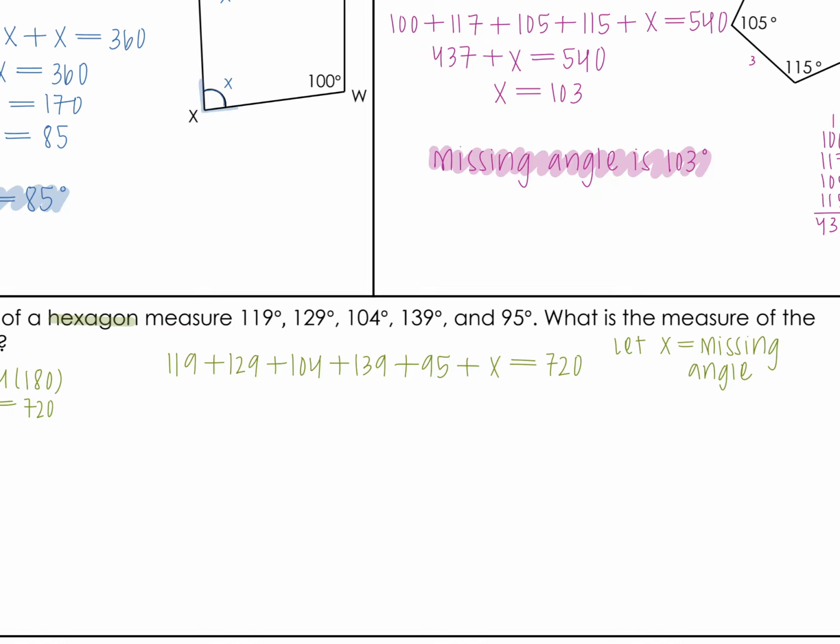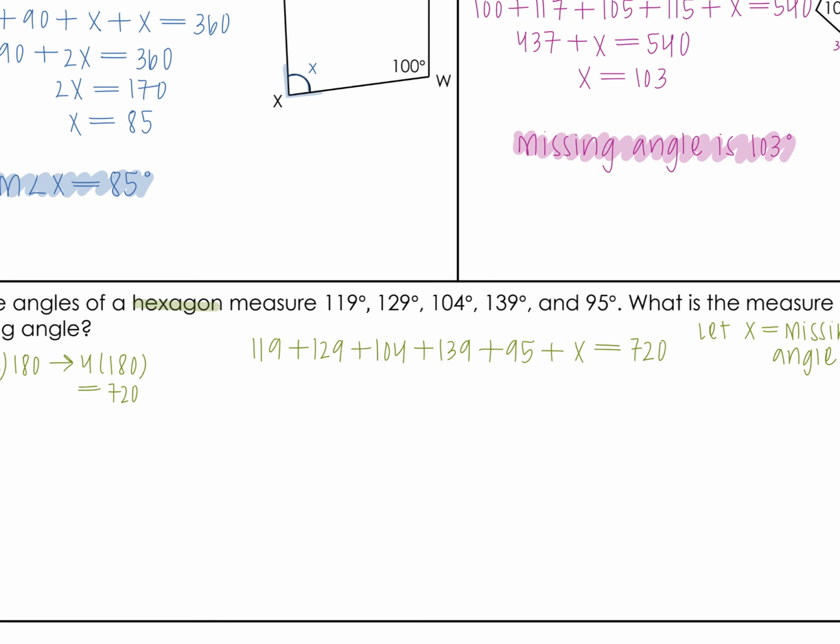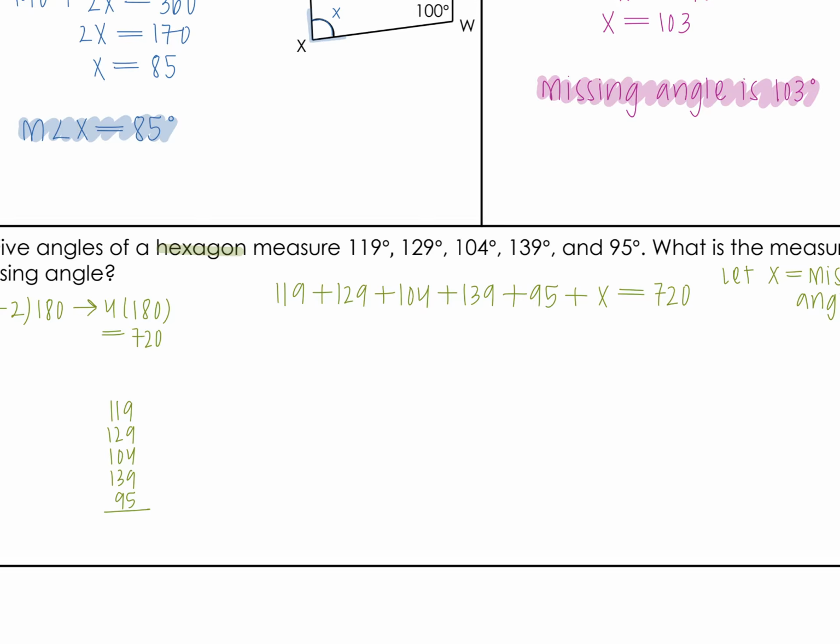Now let's go through and combine our like terms. Okay, so like last time, I'm going to use some scratch work. I'm just combining them over here. All right, so 9 plus 9 gives me 18, plus 4 will give me 22, plus another 9 gives me 31, and then plus 5 will give me 36.